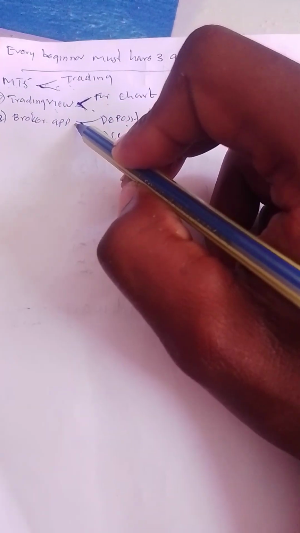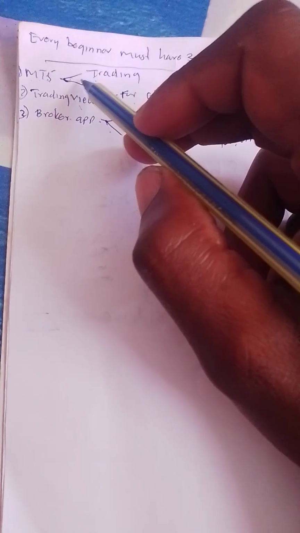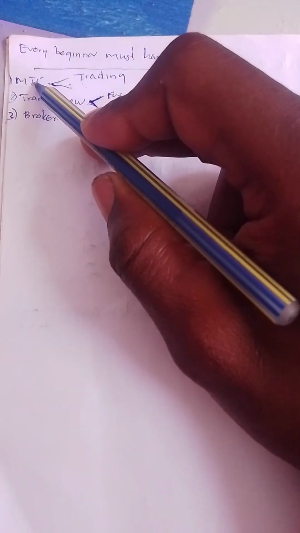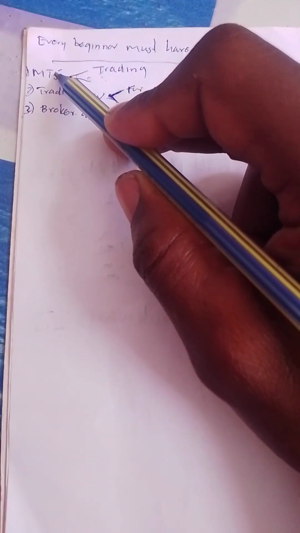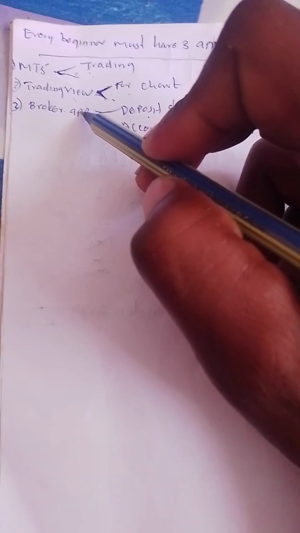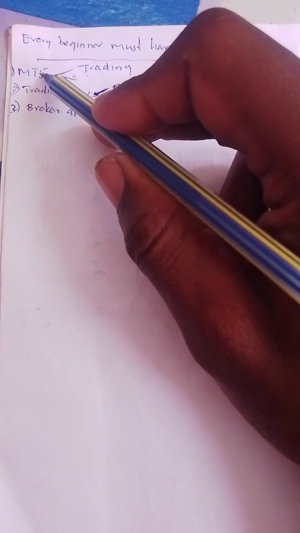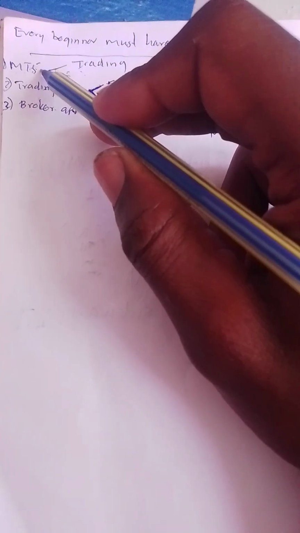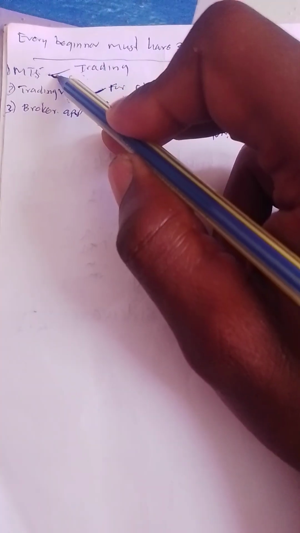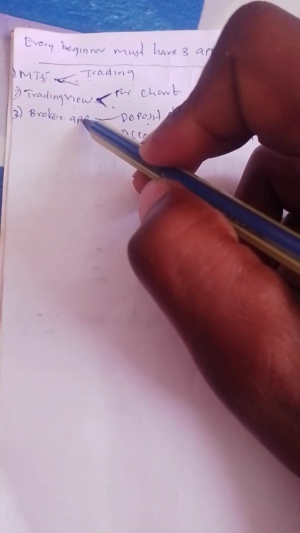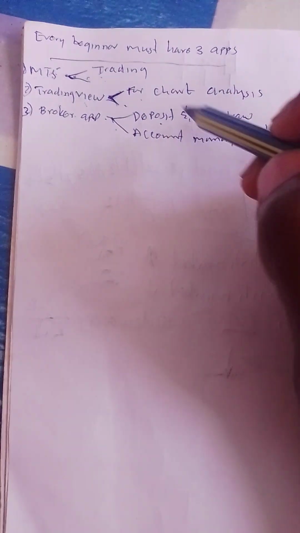Huyu broker app wako ndio inakusaidia kulink up na MetaTrader 5, because huwezi trade huku direct. You have to trade via a broker. The reason why you cannot trade here directly is because huna enough pesa yenye inahitajika kutrade hapa. So broker wako anakusanyanga pesa kidogo kidogo, ndio anakuallow kutrade kwa hii platform ambayo inaitwa MetaTrader 5.